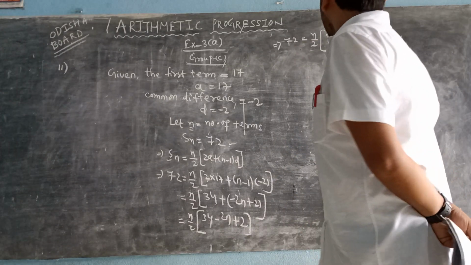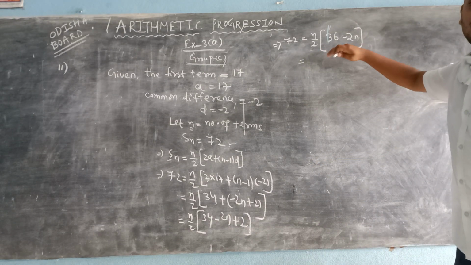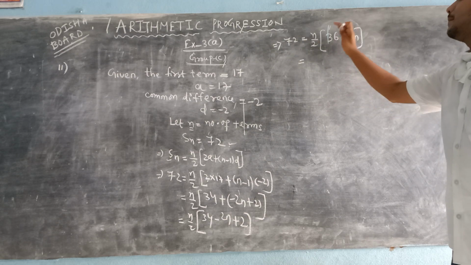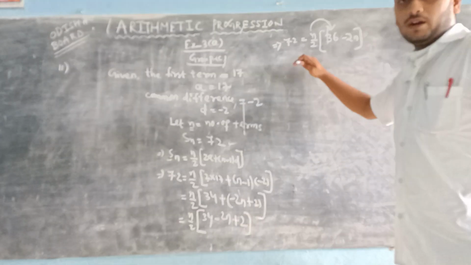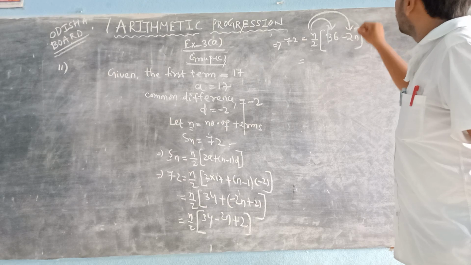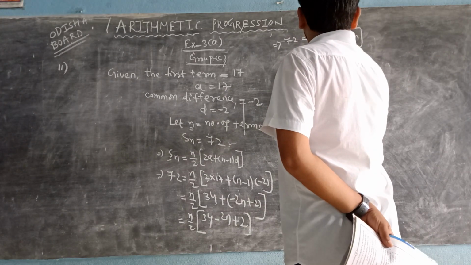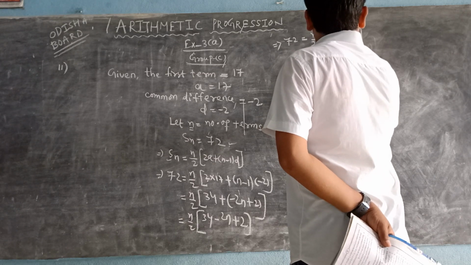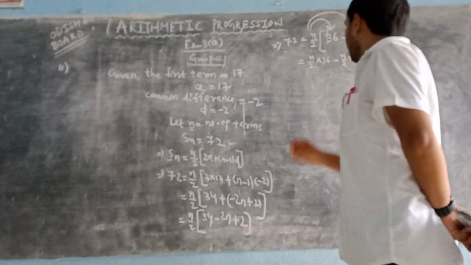And now listen, we will solve this line by separating the numbers, like n by 2 into 36, one number, minus n by 2 into 12. Look, n by 2 into 36 minus n by 2 into 12. Separate the numbers like this.